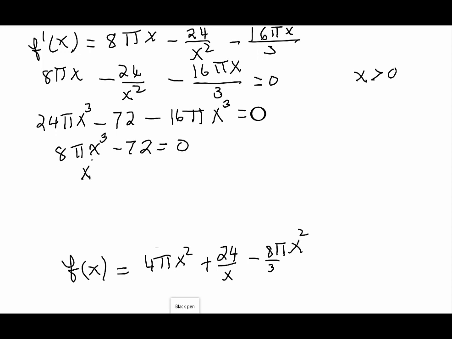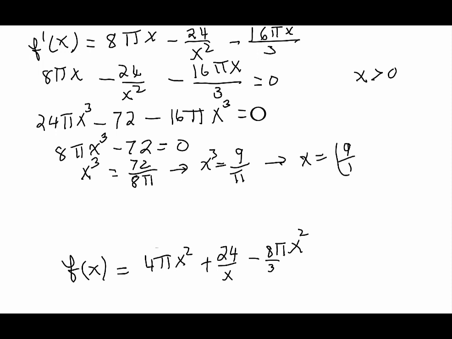So what happens then is x cubed is going to be 72 over 8 pi, or x cubed is 9 over pi, or in other words, x is 9 over pi to the power 1/3.